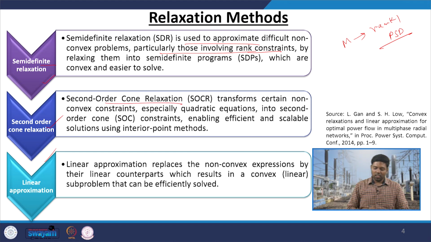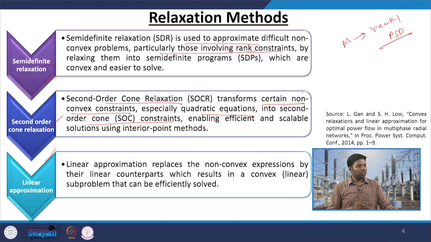Second order cone relaxation transforms certain non-convex constraints, especially quadratic equations, into second order cone constraints. So, if you have a quadratic expression in your model, you can convert it using SOCP relaxation. That also we have in our branch flow model.